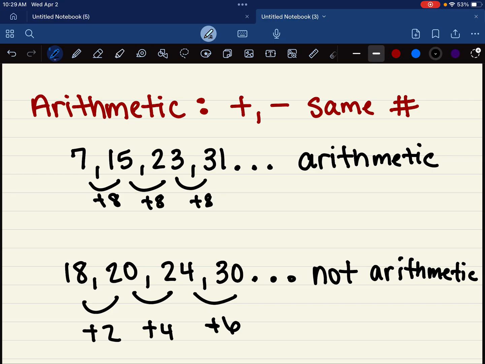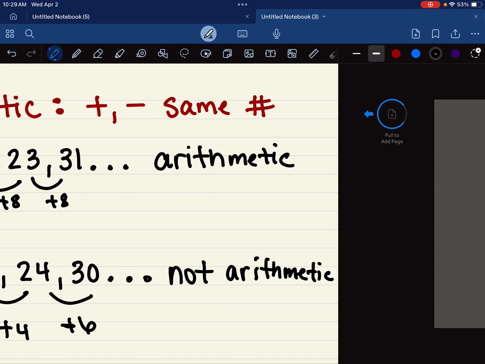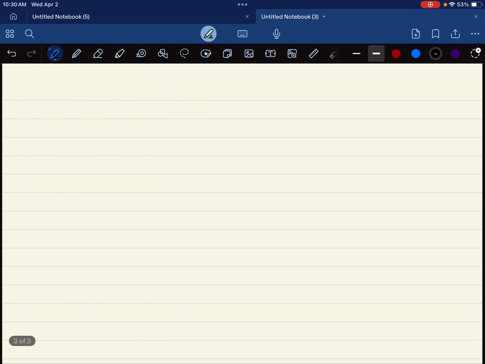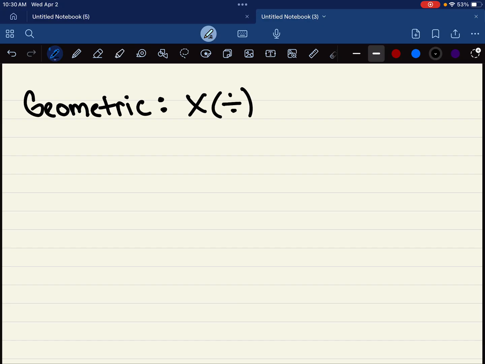Okay, so if arithmetic is addition and subtraction, what do you think geometric is? Multiplication and division. Kind of. Technically, geometric is multiplication. I'm going to put division in parentheses and I'll explain why. It's multiplication or division by a common ratio.